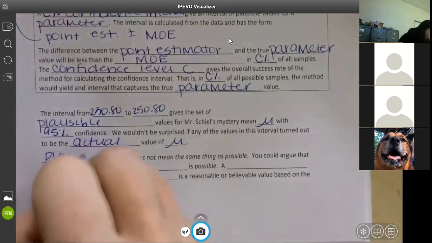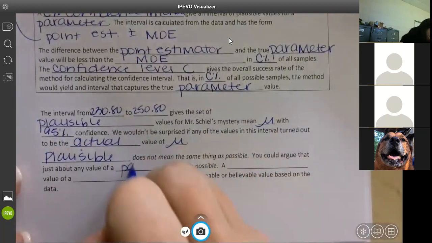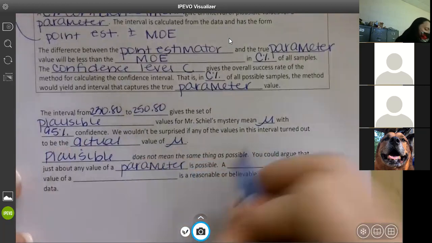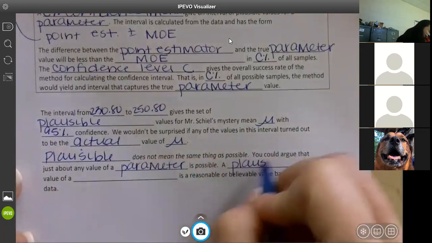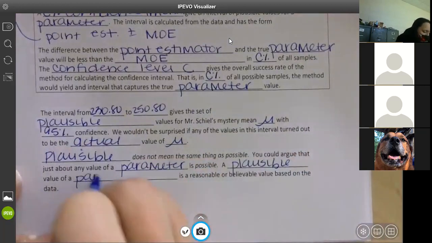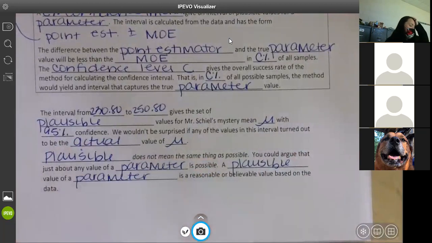Remember though, plausible does not mean the same thing as possible. You could argue that just about any value of a parameter is possible. A plausible value of a parameter is a reasonable or believable value based on the data.